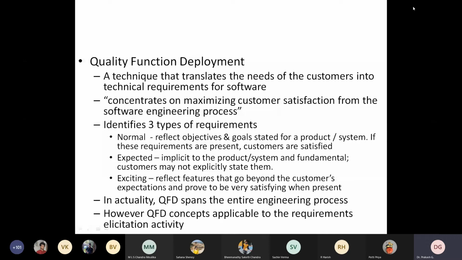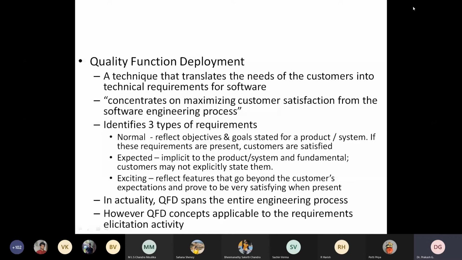So using QFD only, we can span the entire process of engineering. It is not only related to software engineering. Quality function deployment can be invoked on any kind of engineering activity or process. Okay, so that is what we have to think about.